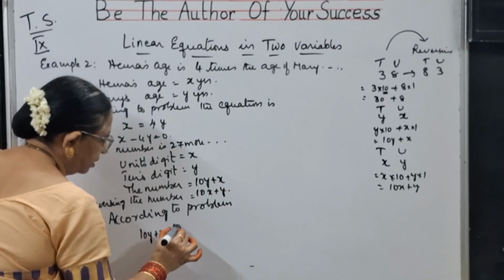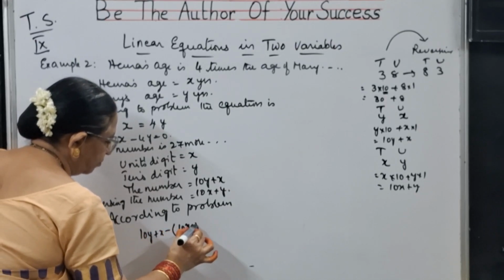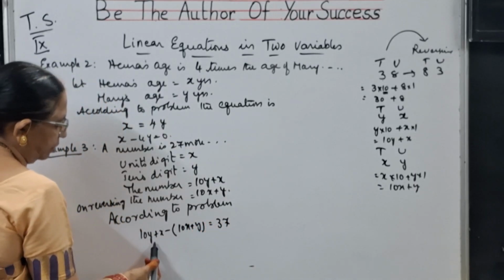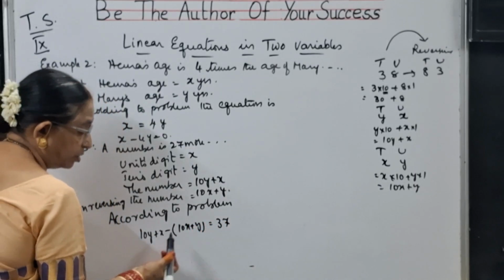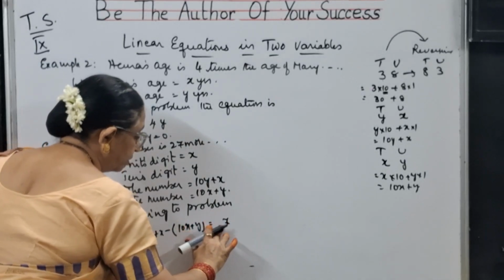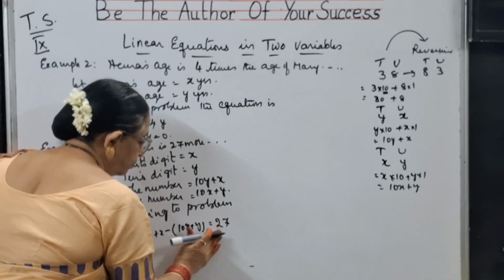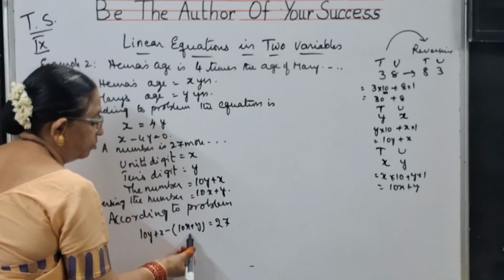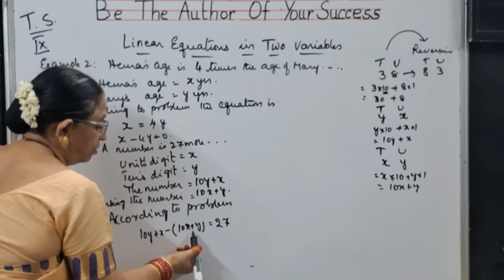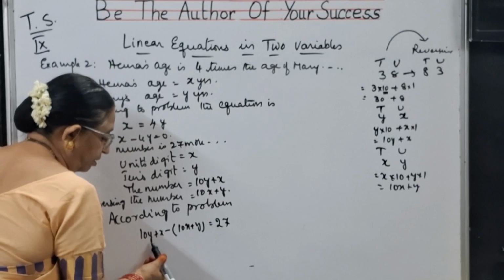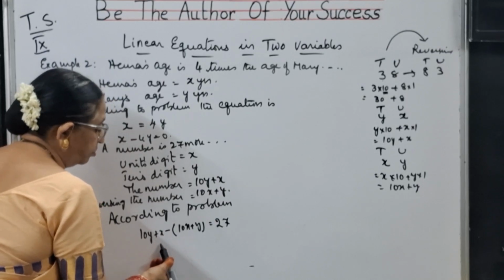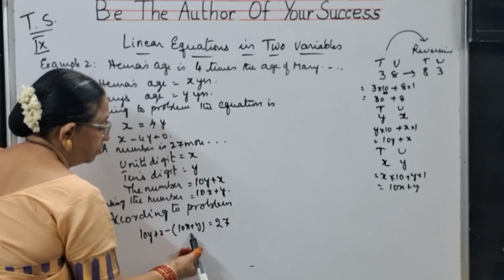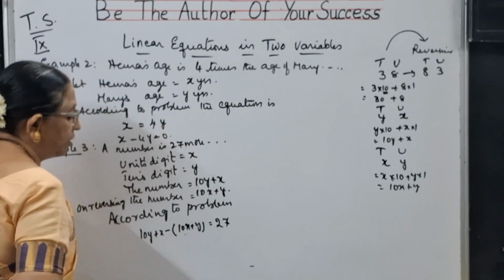If it is subtracted from 10x plus y, you are getting, sorry children, it is 27. So the number is 27 more than the number got on reversing it. This is the reversed number, so this is having 27 more. That means from the original number, if you subtract the reversed number, you should get the value 27.